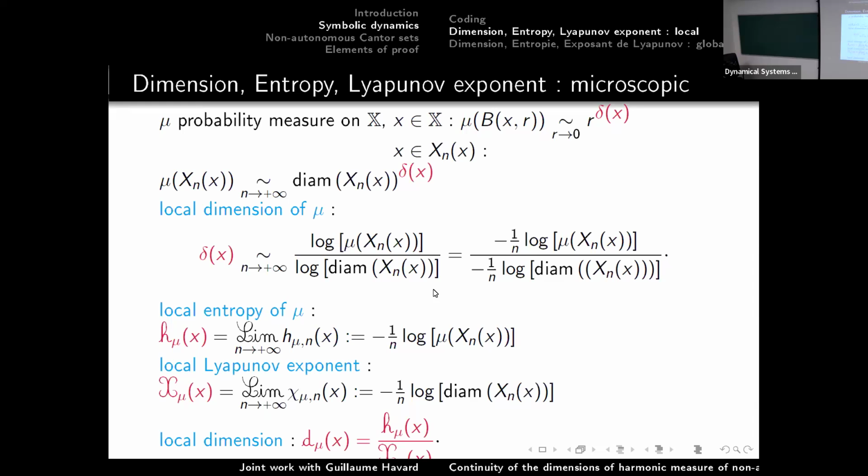Is this for almost all X? No, this is a local dimension. For every small x, you have this. The question was whether the sequence of IFSs is random or fixed.